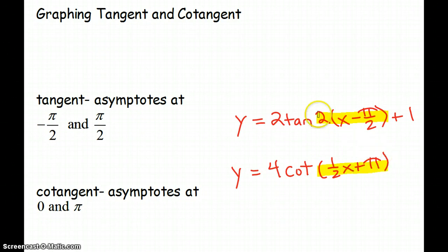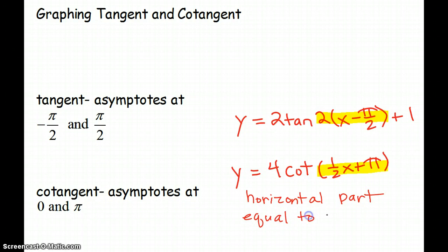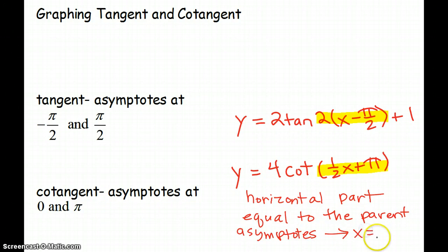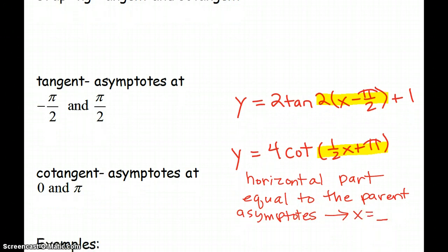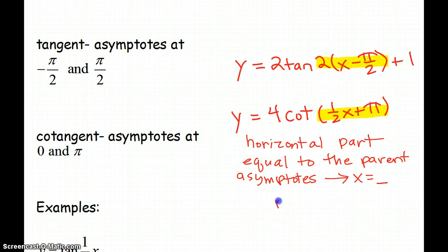So what we end up doing is setting the horizontal part equal to the parent asymptotes, and that answer, x equals whatever, is going to give us our new asymptote.